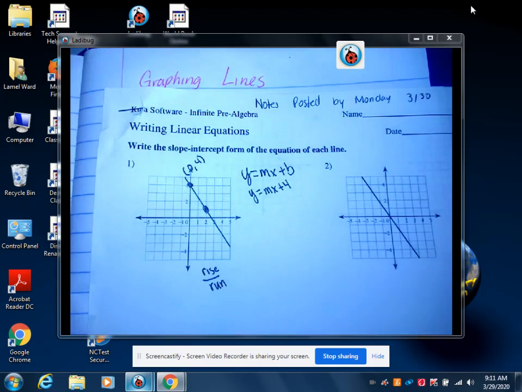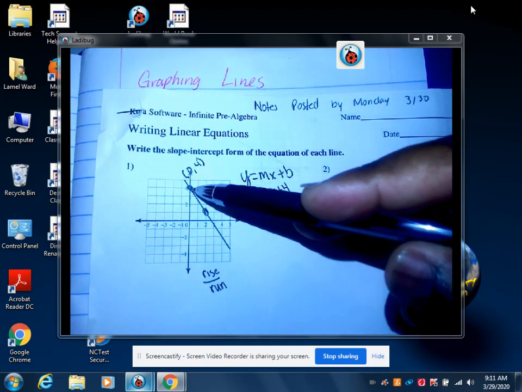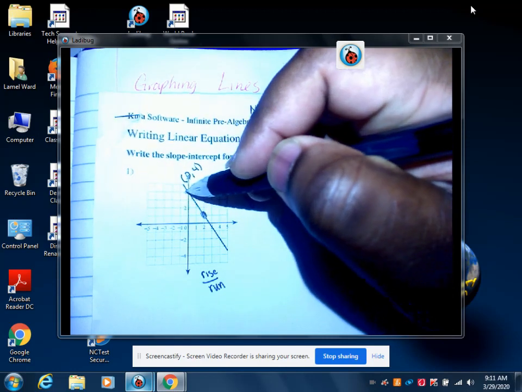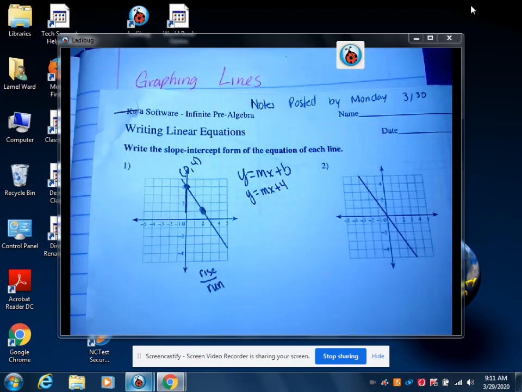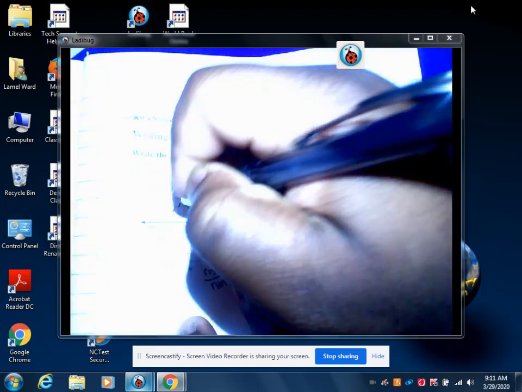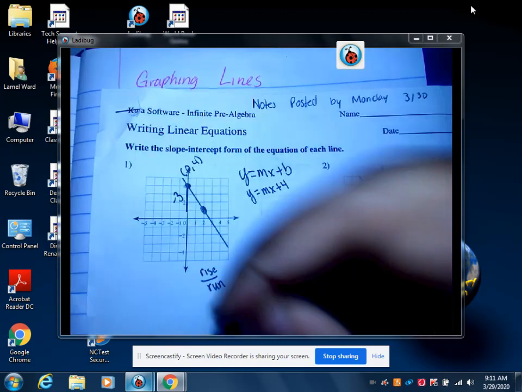For this situation, we have to go either up or down to get to our next point. In this case, we have to go down. Let's count how far down we have to go: 1, 2, 3. We go down 3, and being that it's going down, our rise is -3.